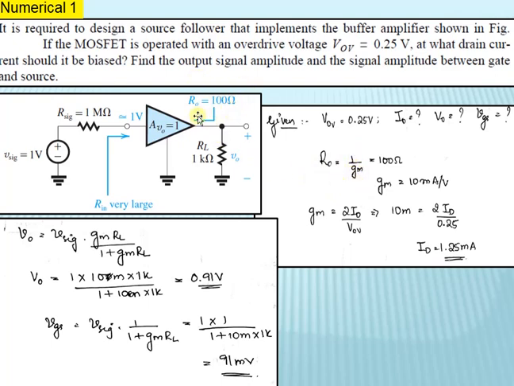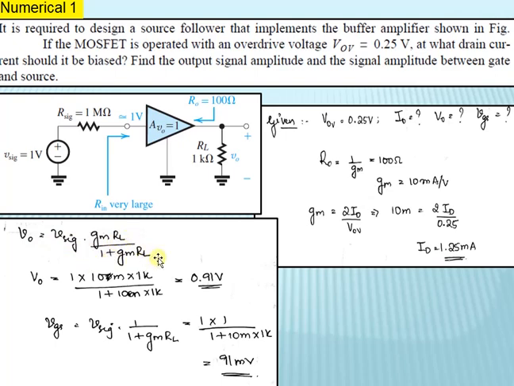R0 is given to be equal to 100 ohms in this particular circuit, and gm will be obtained as 10 milliamps per volt. From there, we can compute the value of the drain current as ID equal to 1.25 milliamps.